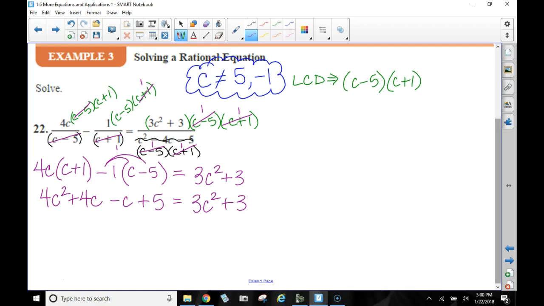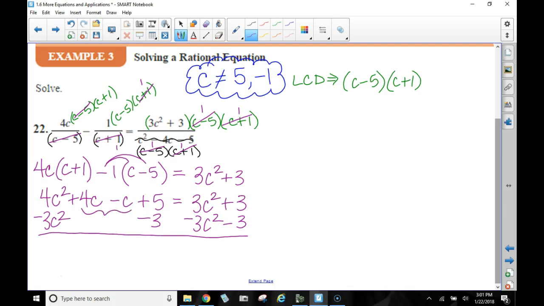In any quadratic equation, we're going to work to get all our terms on one side, 0 on the other. So even before I clean this up, it doesn't really matter, I'm going to subtract 3c squared from both sides, lining up my like terms. And let me also go ahead and subtract 3 from both sides. I'll get that organized right here.